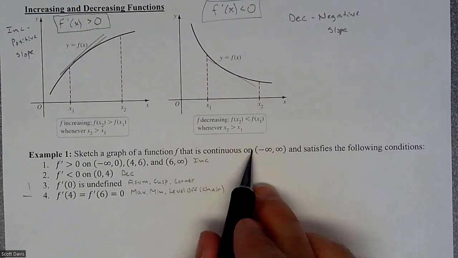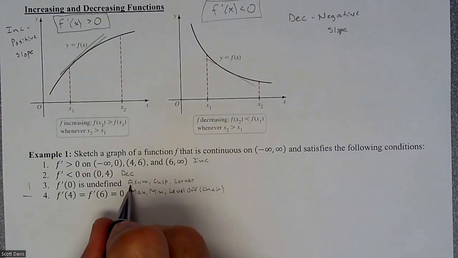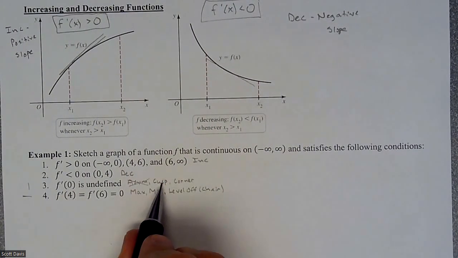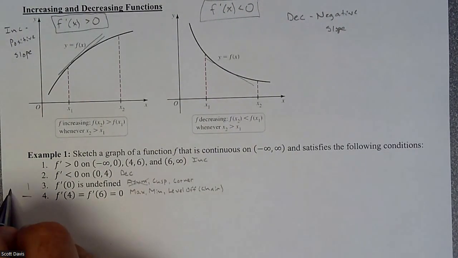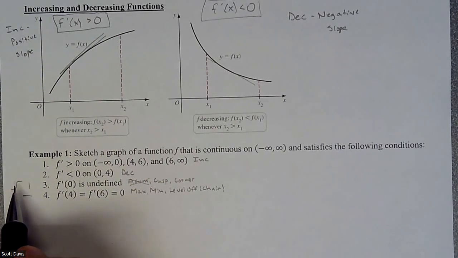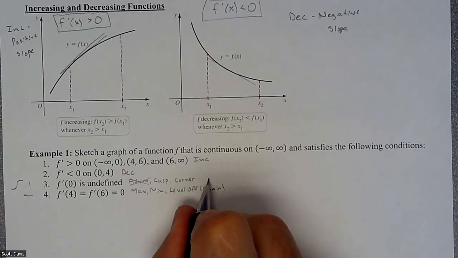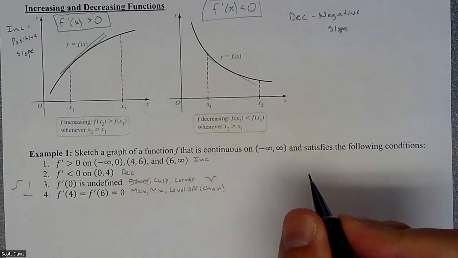Okay, so a couple different things are happening. First off, it is continuous. So if it's continuous, we're not going to have an asymptote. But we might have a cusp or a corner. A cusp is when you have a graph that comes down like this and then goes back up.